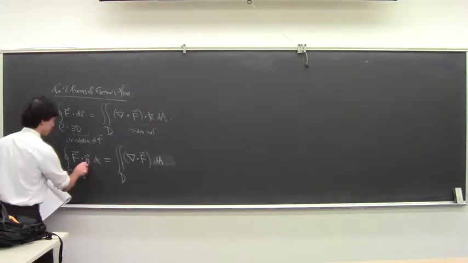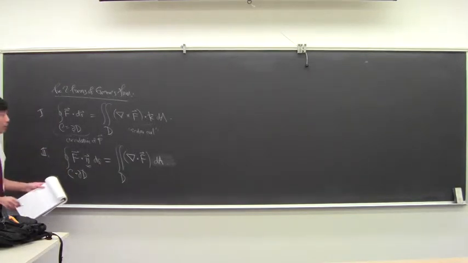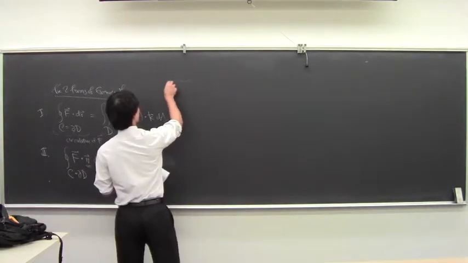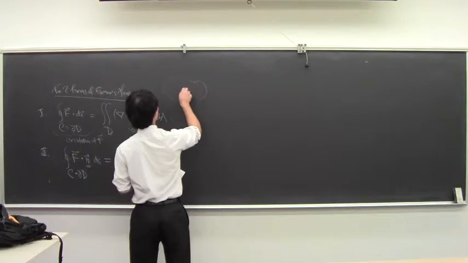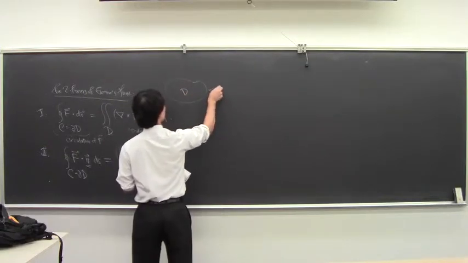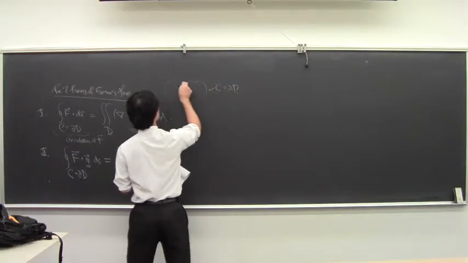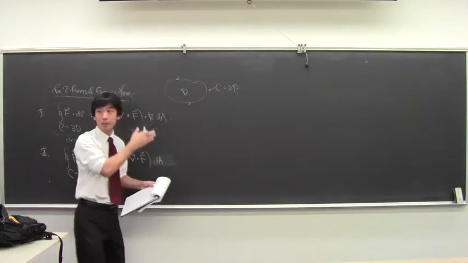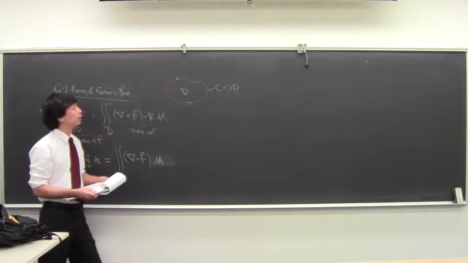Let me say one thing about the outward unit normal. You have some loop. The interior is D, the boundary is C, and you're oriented in the positive direction.